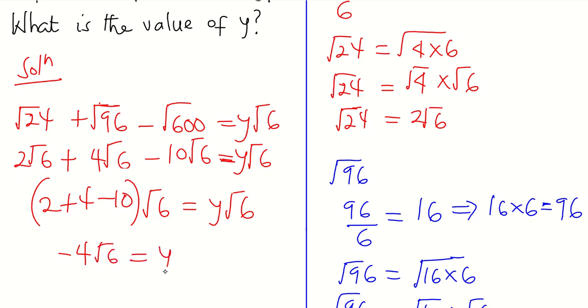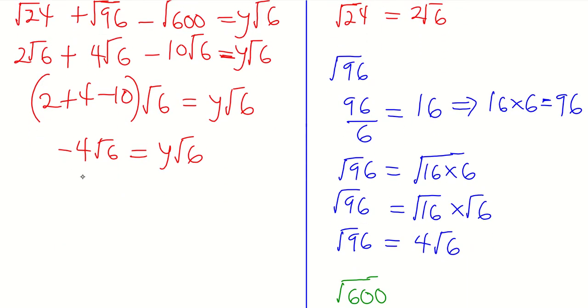Now we have here y square root of 6. Now if that continues, then we can compare and see that by comparing, our y value here is equal to -4. So this ends our solution.